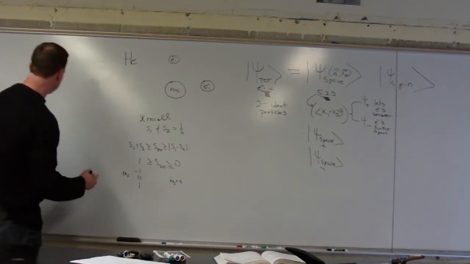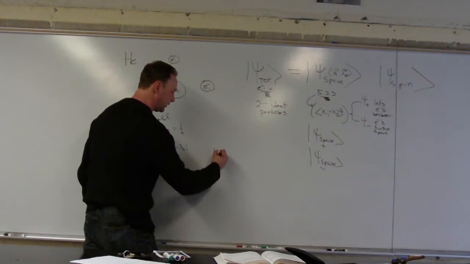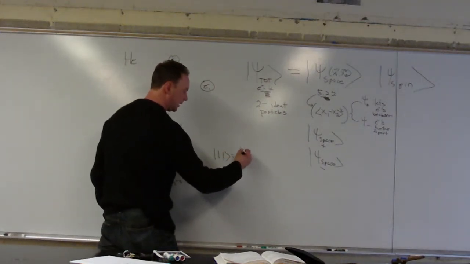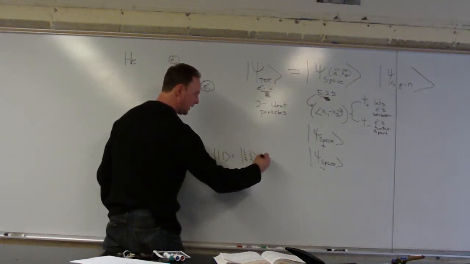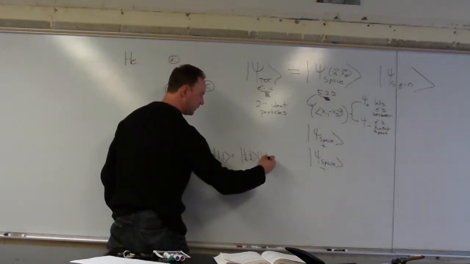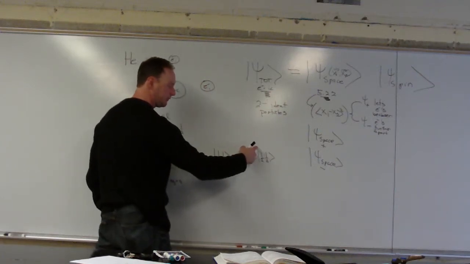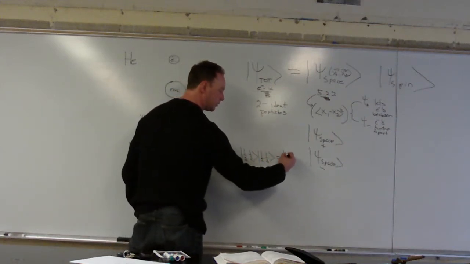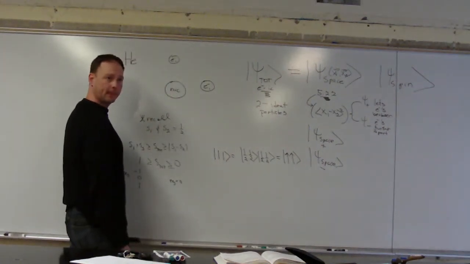So here's how we construct it, all right? Let me see if we can do it. We did something like this. The 1, 1 equaled, we did it two different ways, a half and a half. So this is a spin of a half with a spin up, and that spin of a half with a spin up. Which in the book, we took the shorthand notation, an up and an up. Right?